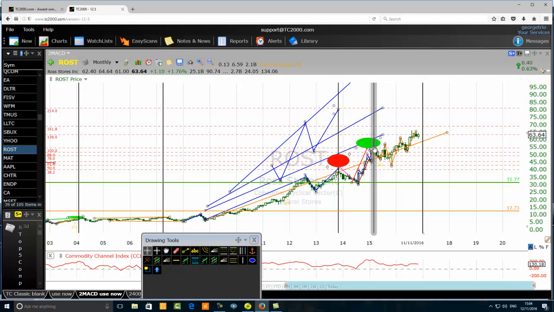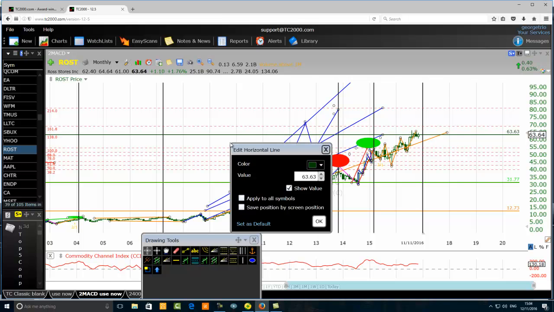So when the expanded flat correction is formed at the end of the fifth wave, the B part of the flat correction usually ends at the 138.2% Fibonacci extension level. See, I use exactly 138, so I cut it exactly. It worked beautifully. 138% Fibonacci extension level of the fifth wave.